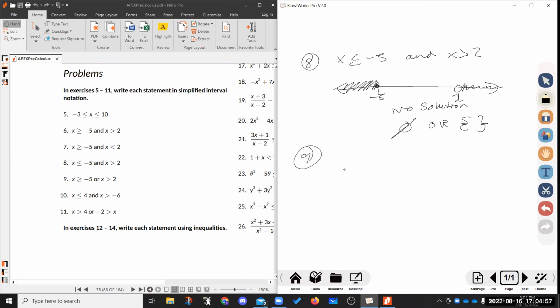Number 9, x is greater than or equal to -5, or x is greater than 2.